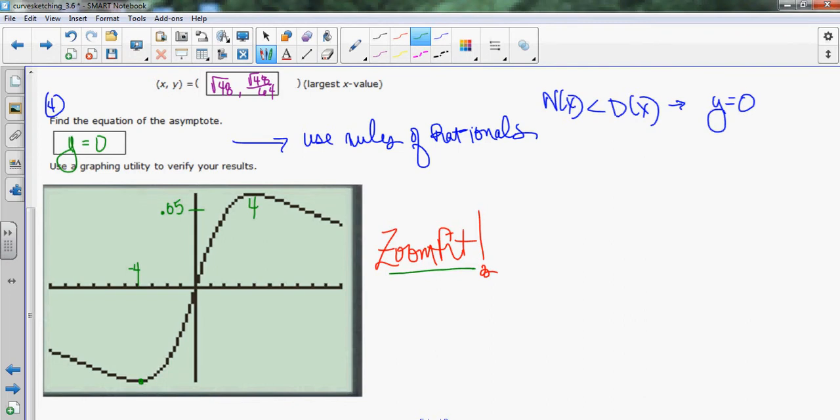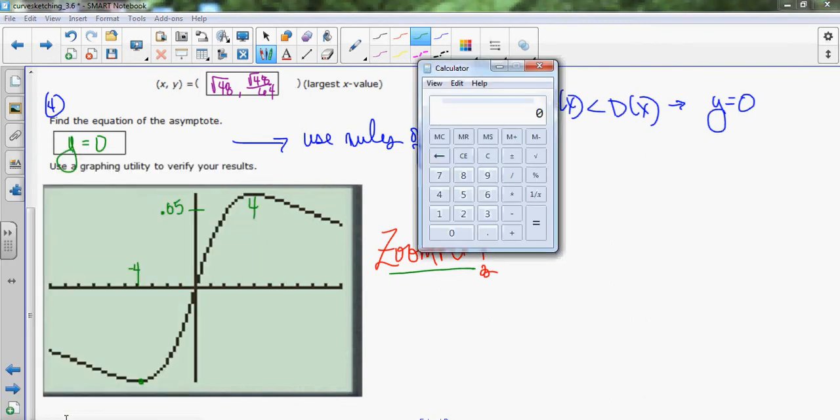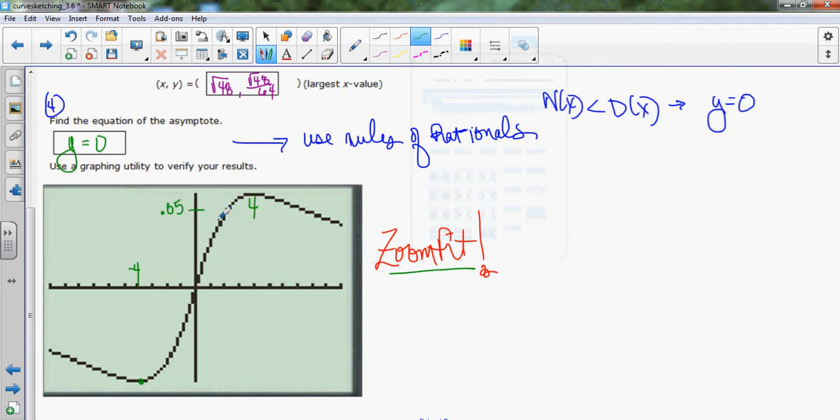I have no idea. Radical 48. Radical 48 is about a 6.9-ish. So over here is my negative radical 48 for my point of inflection. Here will be like, let's see, 4, 5, 6 over here, maybe positive radical 48 there, and then of course the 0, 0 in between.